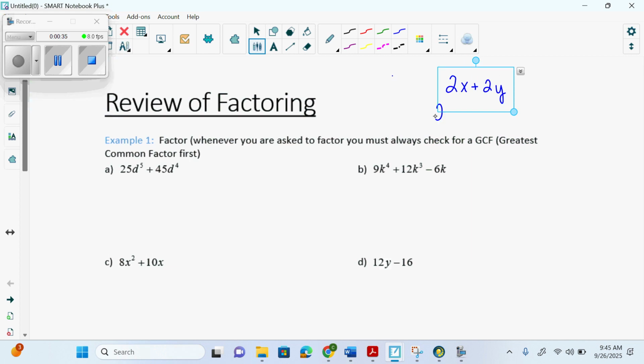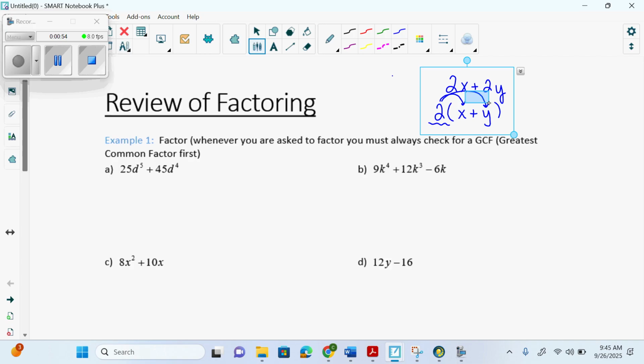If I could take a 2 out, I'd be left with x plus y. Well, this is a GCF of 2, correct? If I put it back in, what am I doing? Multiplying, correct? So what did I do to take it out? You did division, right? It's always the opposite. So when you're taking out greatest common factors, it's division.